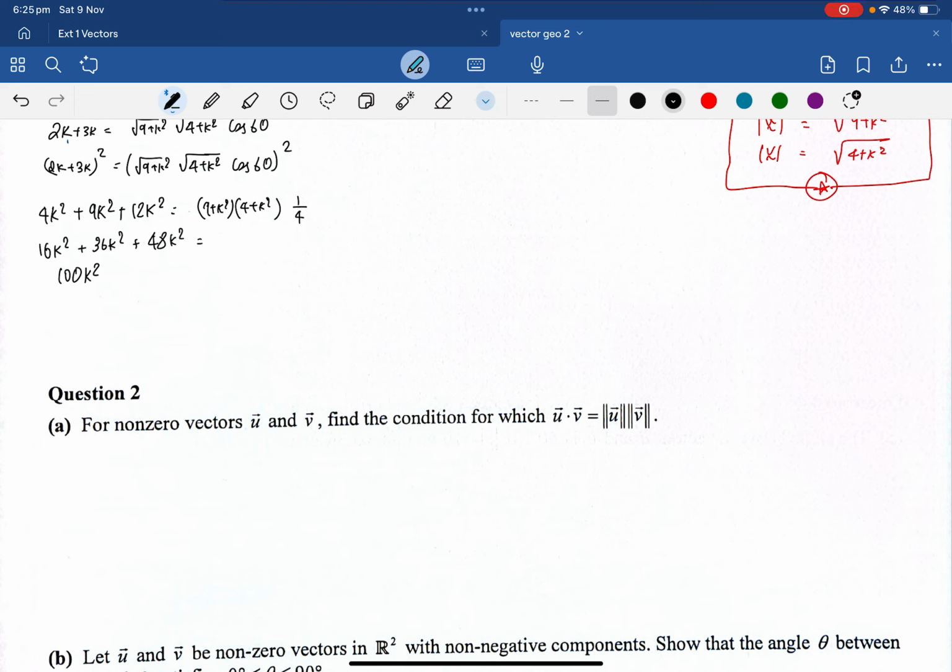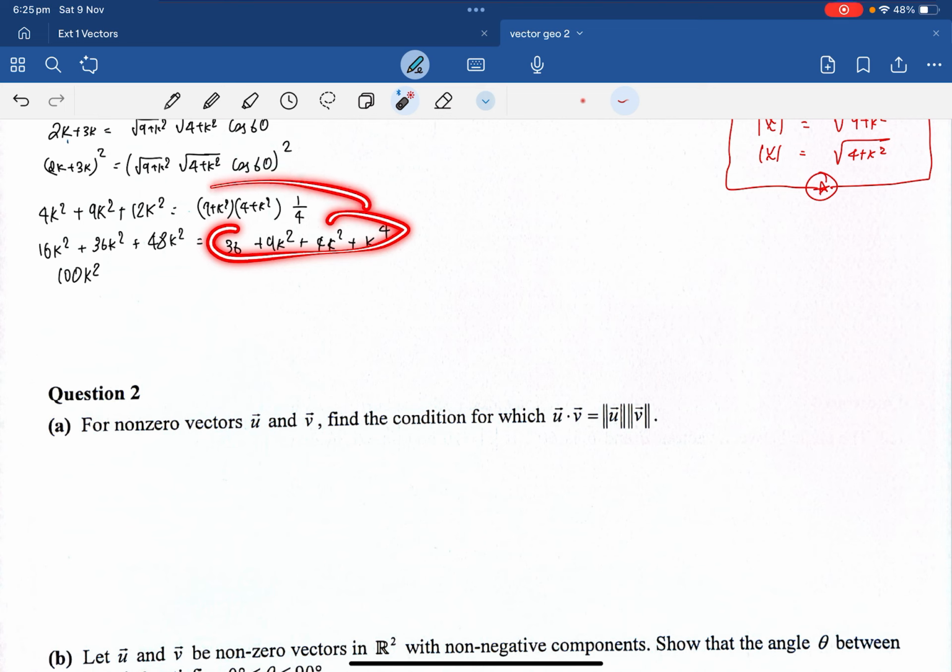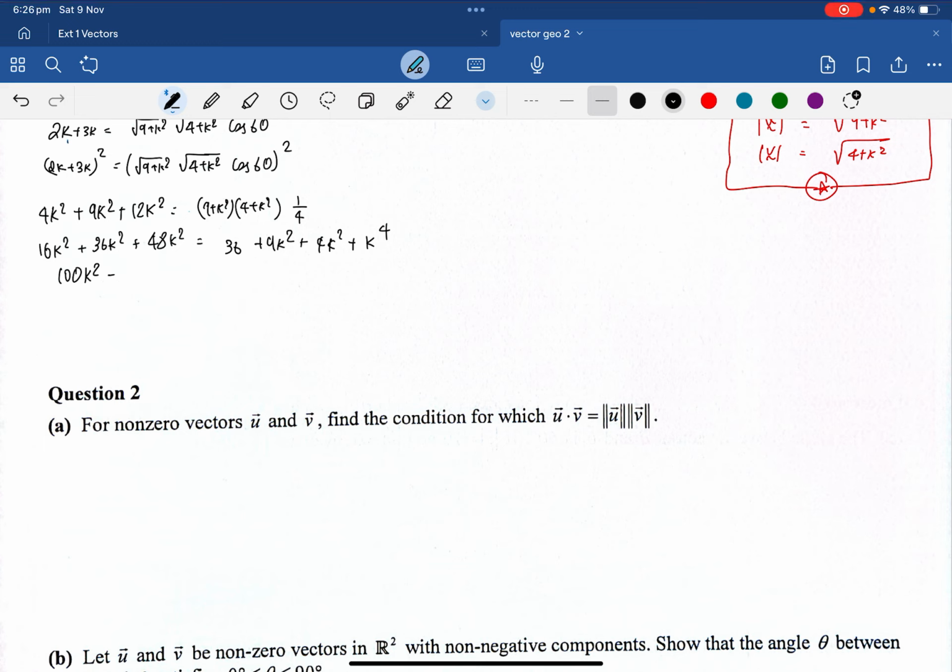Let's expand. 9 times 4. And let's take all this over to the other side. So it's just this, but minus.